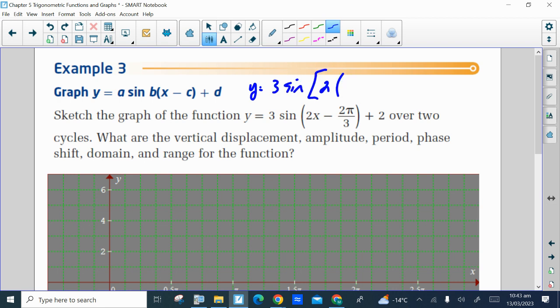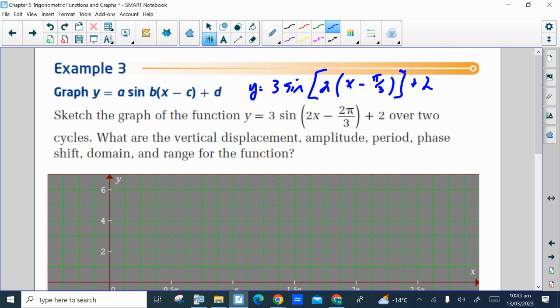So to get what's inside the rounded brackets, to get our c value, we have to divide each term by the common factor of 2. So that's why we just have an x there. And when you divide 2 pi on 3 by 2, the 2's cancel, and you just have pi on 3. So that's what that equation will look like.